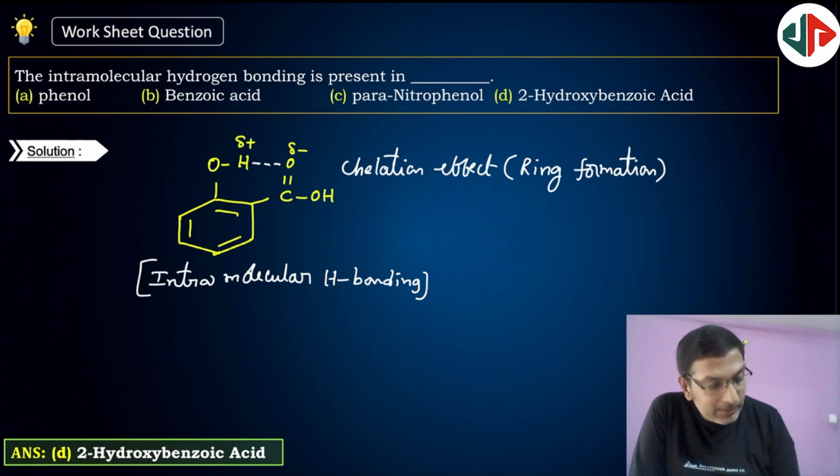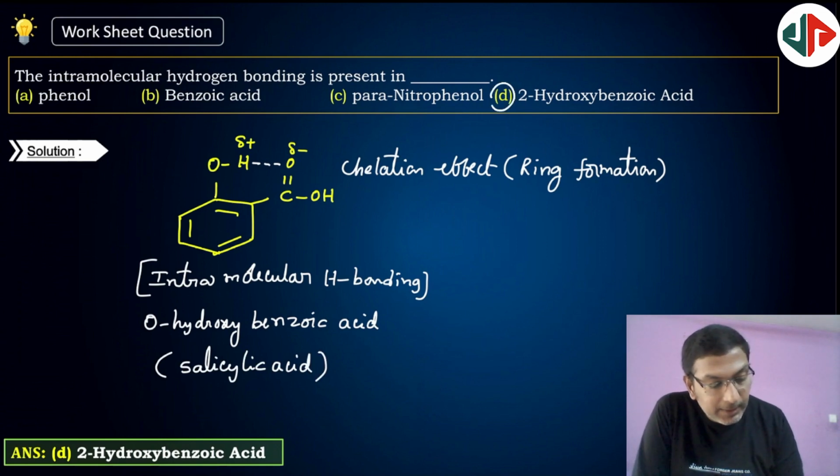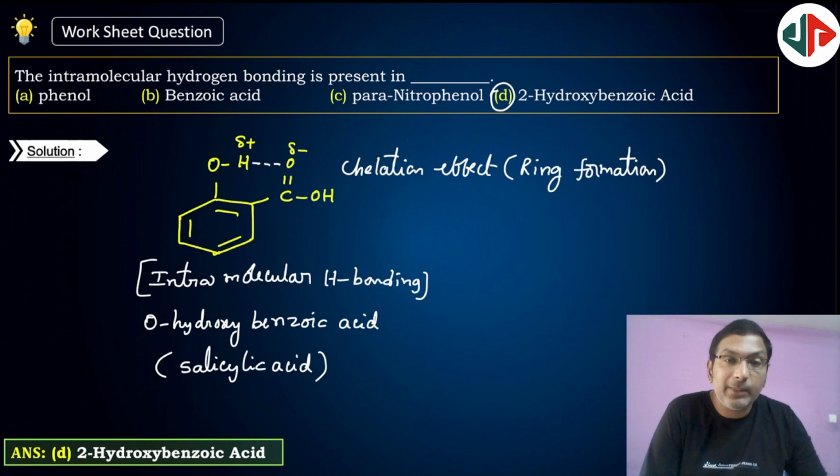This is also known as ortho-hydroxybenzoic acid or salicylic acid. So, a very important option. In the remaining molecules, intermolecular hydrogen bonding is possible. For the formation of intramolecular hydrogen bonding, the groups must be at ortho positions to each other.